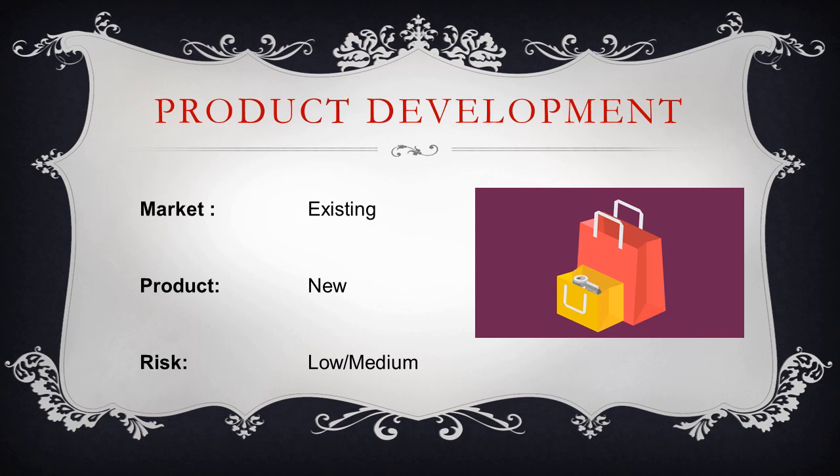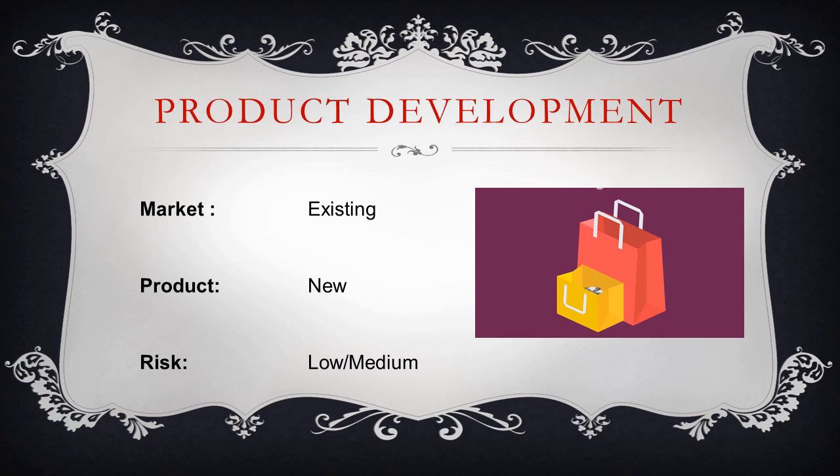For example, if we are talking about Pepsi, initially there was Pepsi only, and then in order to support Pepsi, they introduced some new brands, some new products to support the existing image of Pepsi. They came up with Mirinda, they came up with Team, they also came up with Sting later on. Dew is another product which was introduced by Pepsi. So that is where product development comes into play.